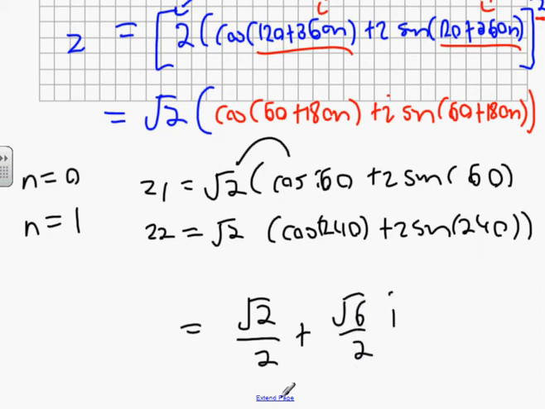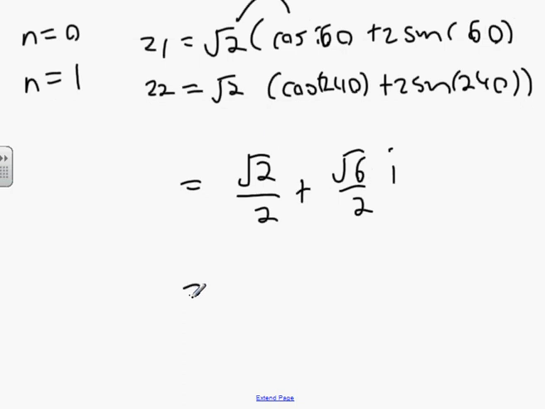And then after that root 2 cos 240, and then after that sine 240. Minus root 6 over 2. Okay. So there you go, full marks. There's different ways of writing those answers, okay?